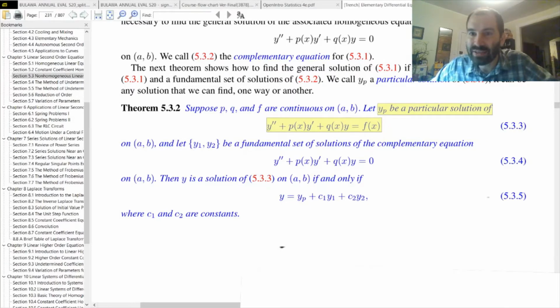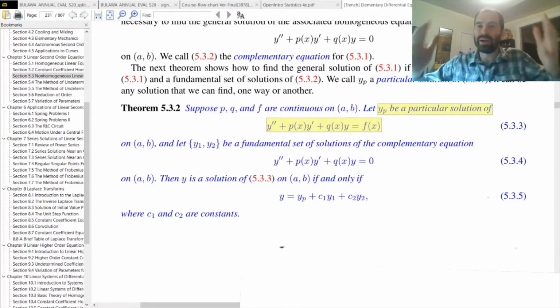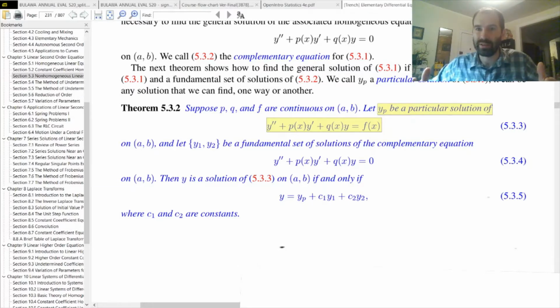Particular solution just means it's any solution you happen to have found. Now you might say, well, wait a minute, we're done, right? Well, no, because just because you found some solution doesn't mean you now know what every solution looks like. What we want to do is write down what every possible solution could look like. So that's why there's more to this story.